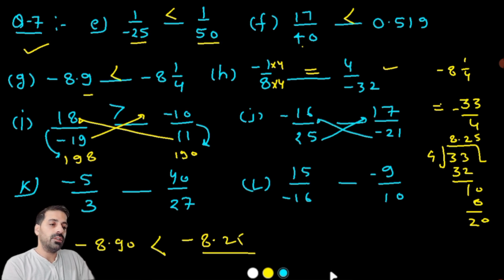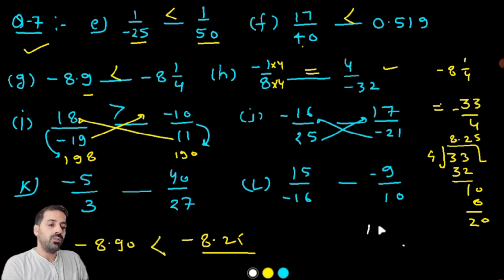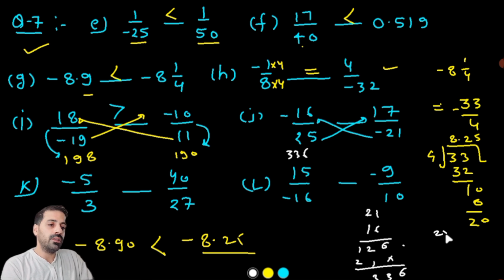Now again this question, multiply this here and multiply this here. So let's do the multiplication first. 16 multiply 21, so we have 336.